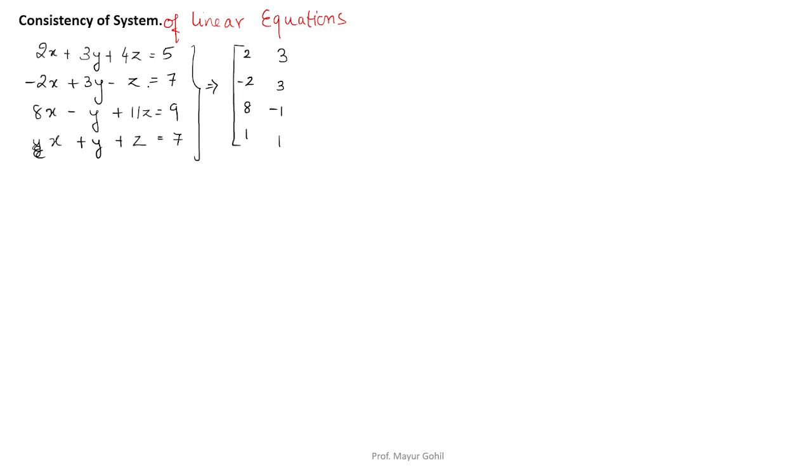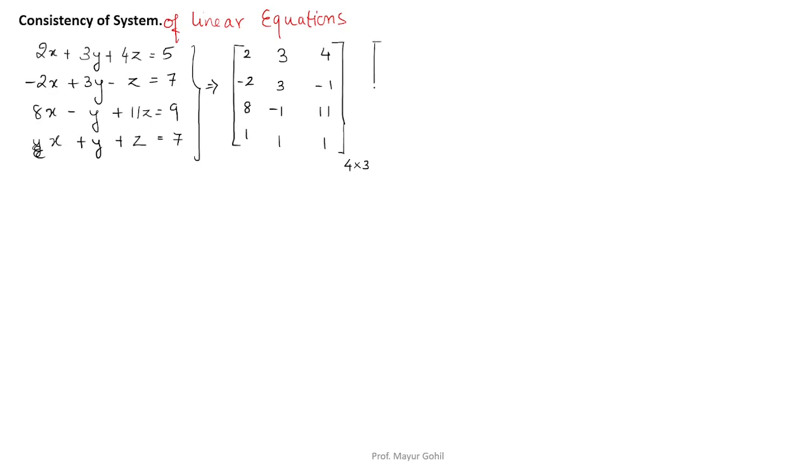Then the third column will be the coefficients of z. Here it will be minus 1, 11 and 1. And so what we see is that this is a matrix of 4 rows and 3 columns.